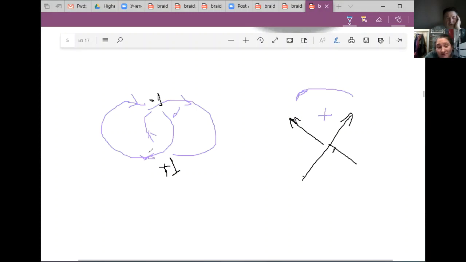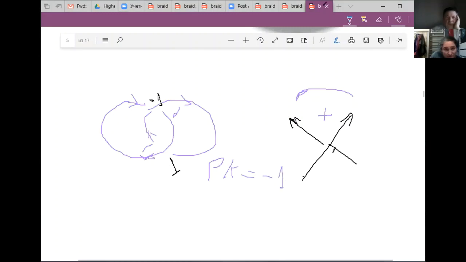This is overcrossing, and this is undercrossing, and it goes from positive in the opposite direction. So it's -1 and -1. Right, -1 and -1. So the linking number here is equal to -1.